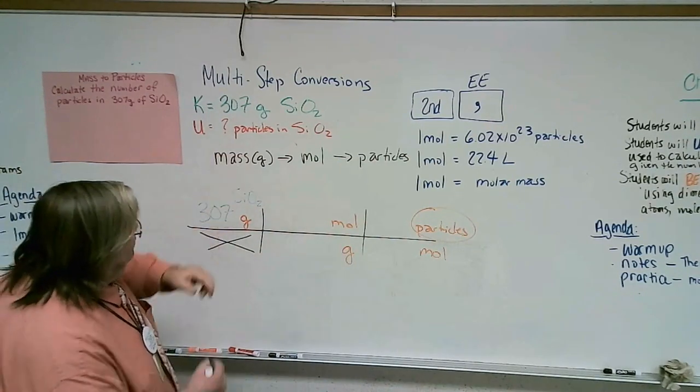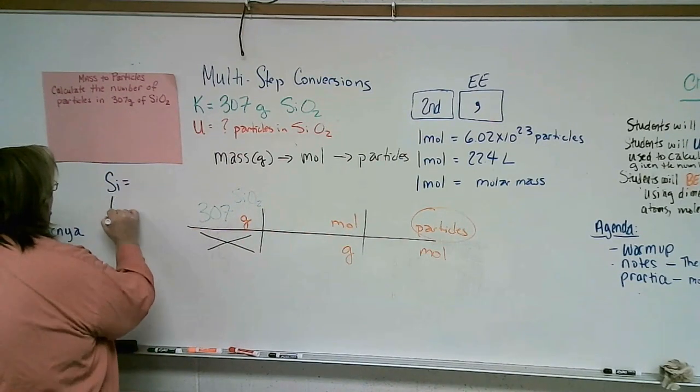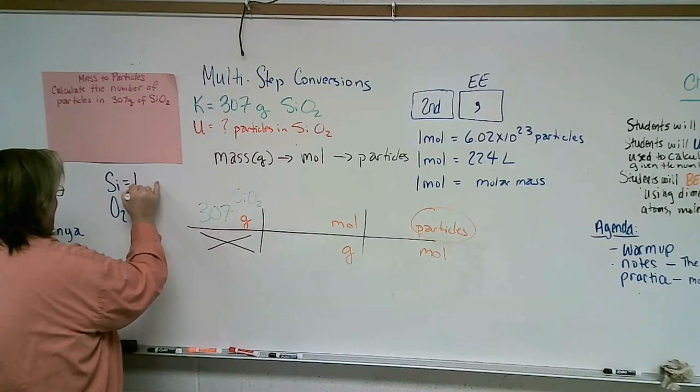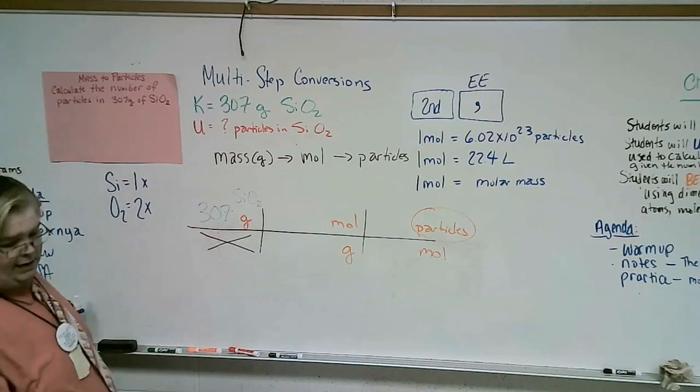So let's look at what we're given. We're given silicon and we're given oxygen. If we look, there's 1 silicon and there's 2 oxygens.